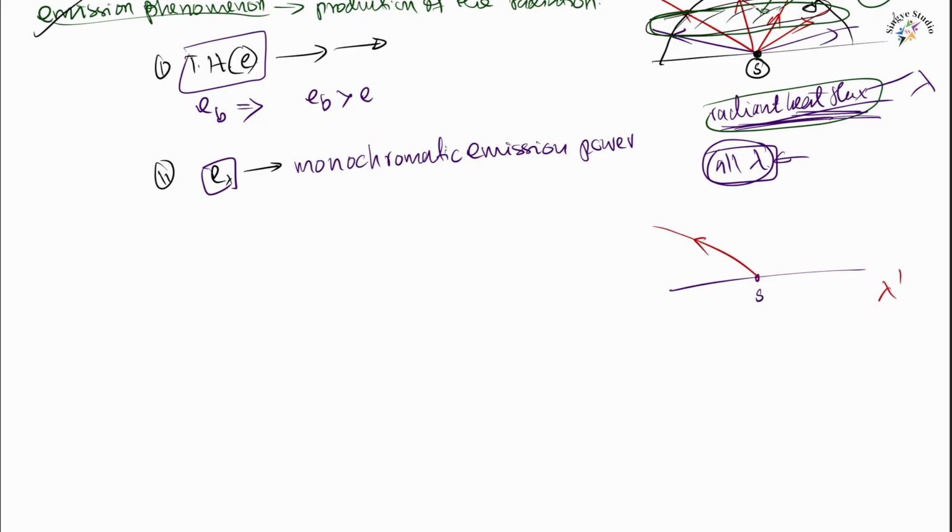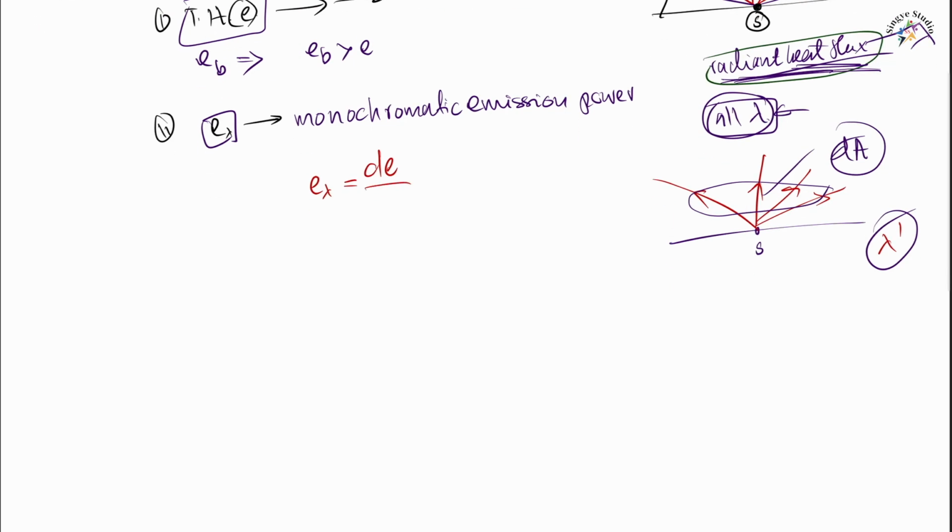Then you ignore all radiation with wavelength other than lambda dash. So you place some area dA and count the radiant heat flux corresponding to lambda dash. Therefore, E lambda is just the small part of the spectrum divided by the exact wavelength that you are looking for.